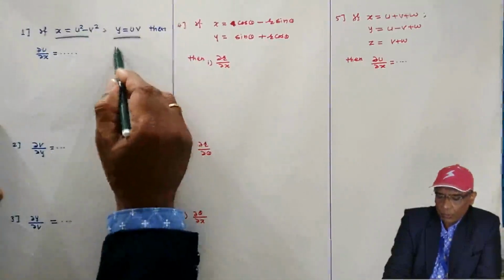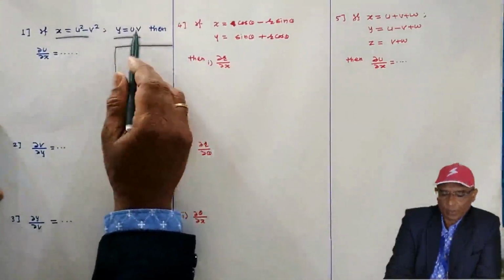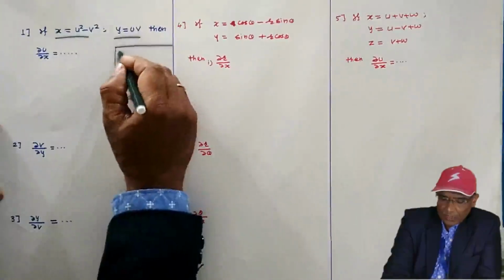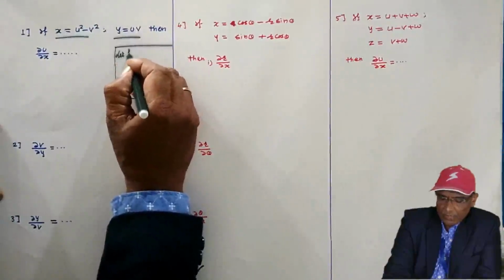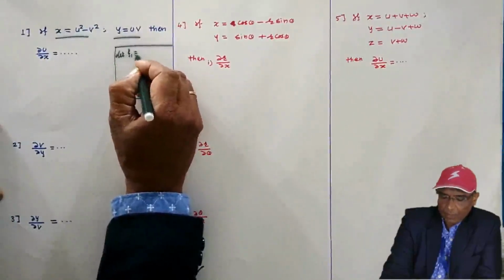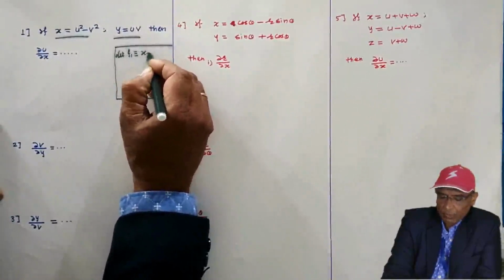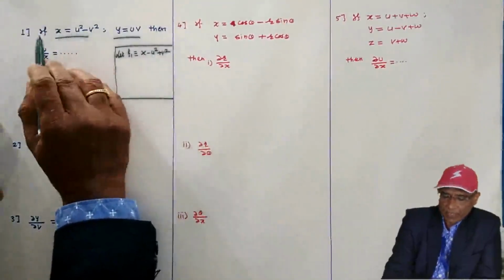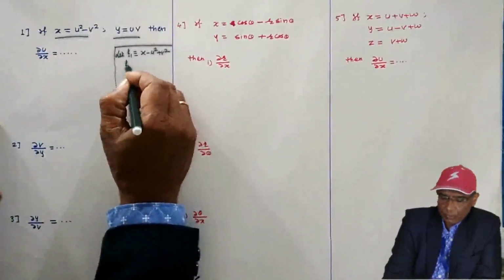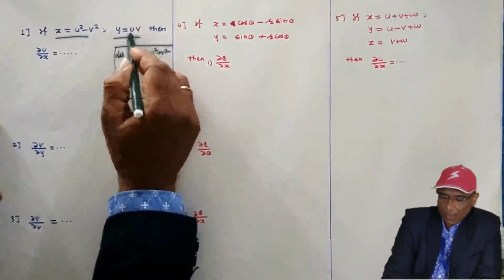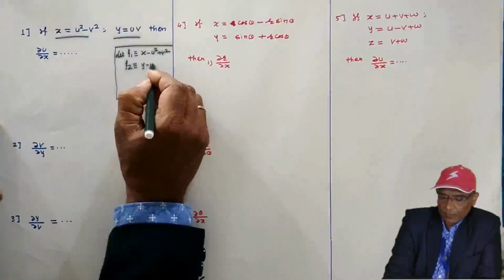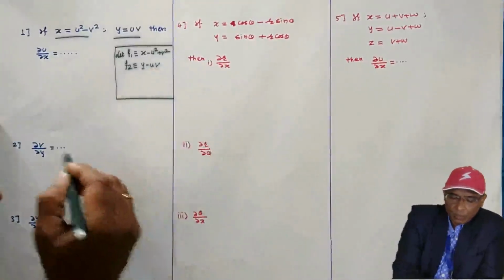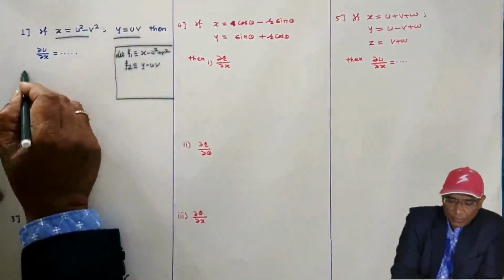Here two equations are there, two functions are there. Let us denote the first equation by f1, or x minus u square plus v square, you can write, shifting the right hand side term to the left hand side, and f2 as y minus u into v. What I want to write is del u by del x.